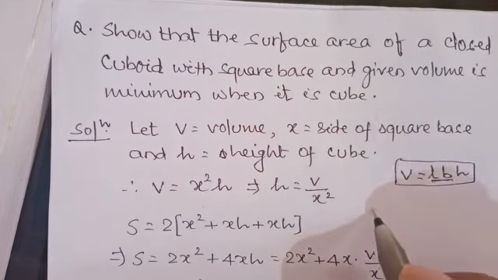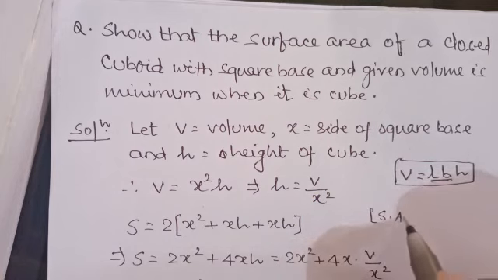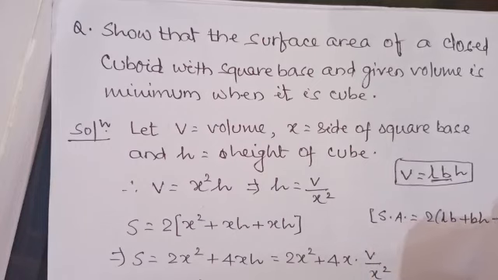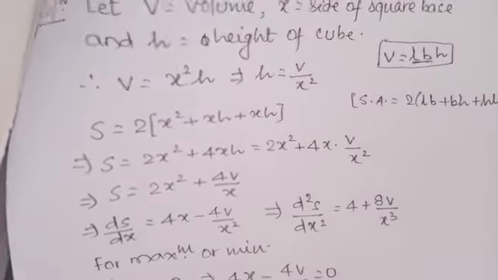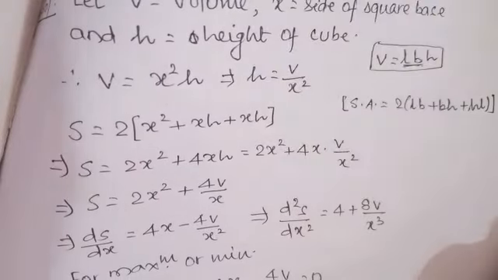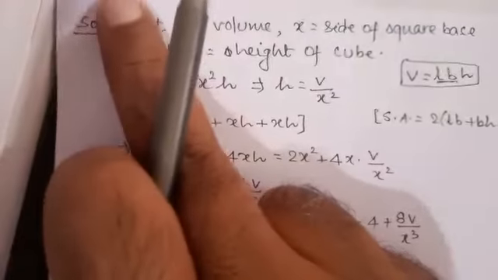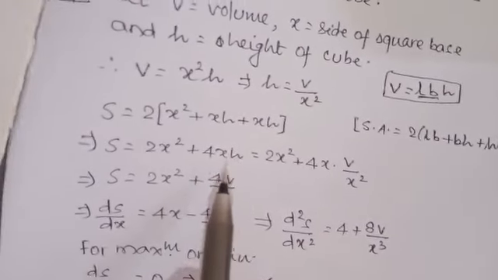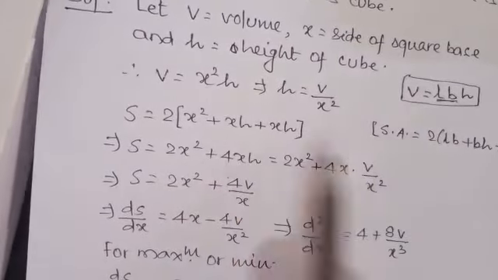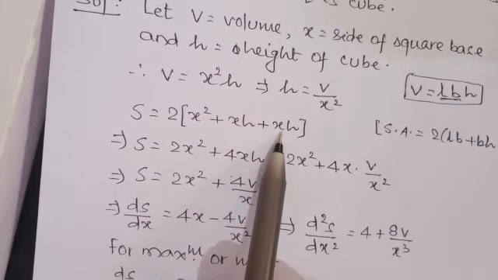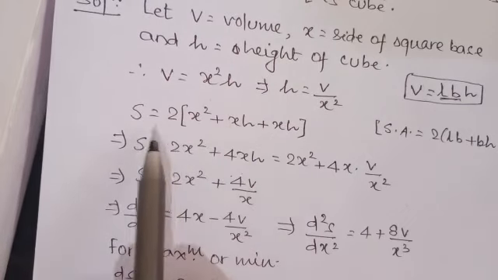Also the surface area is 2 into (length into breadth plus breadth into height plus height into length). So put their values and the surface area will be 2(x square plus x into h plus x into h) according to the formula. x into h twice becomes 2x into h, and open the bracket.